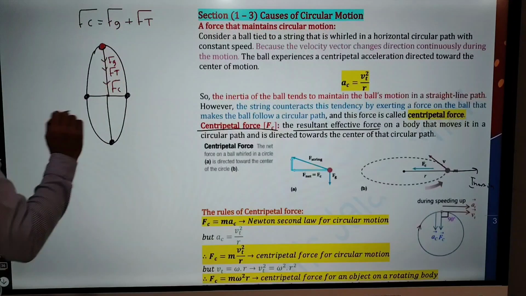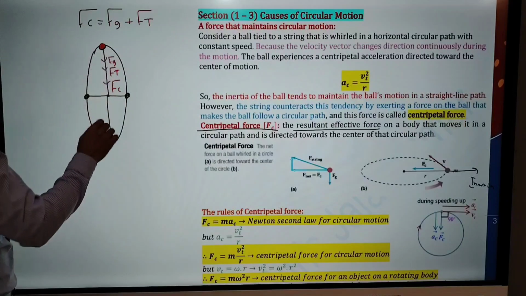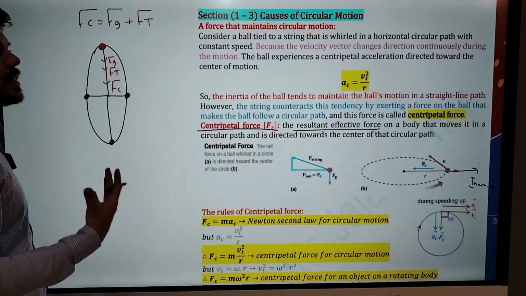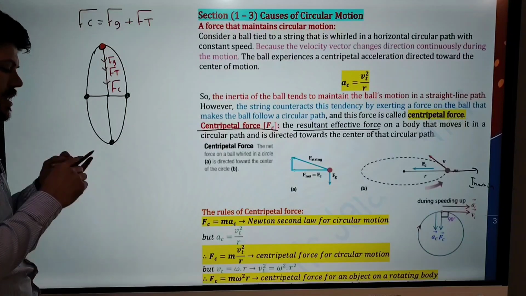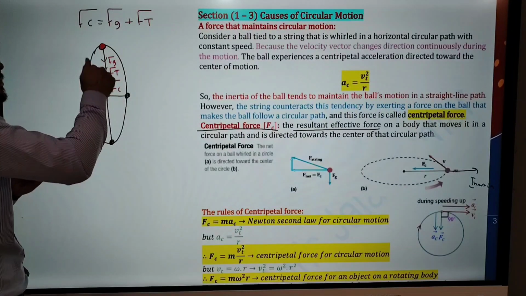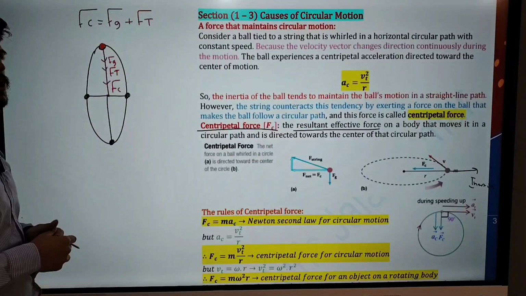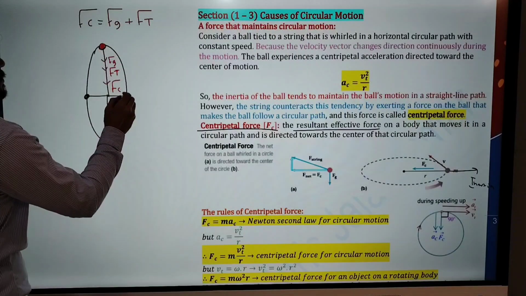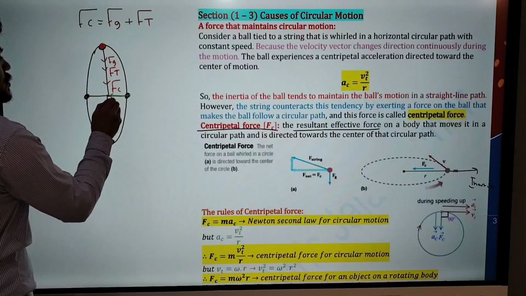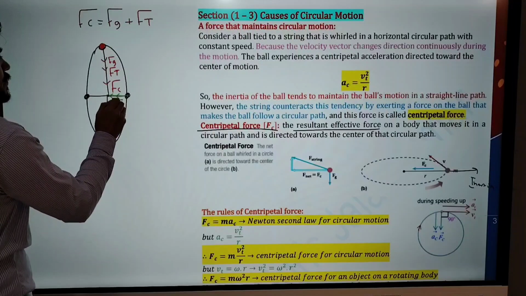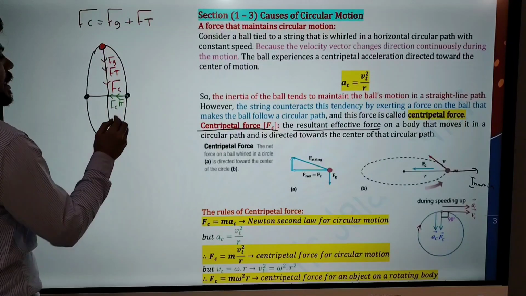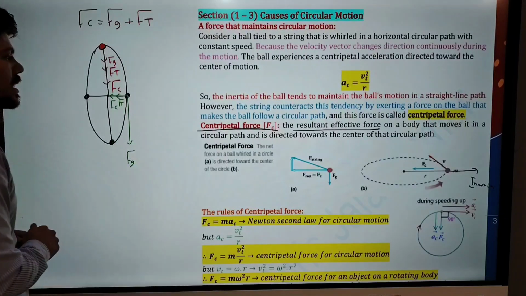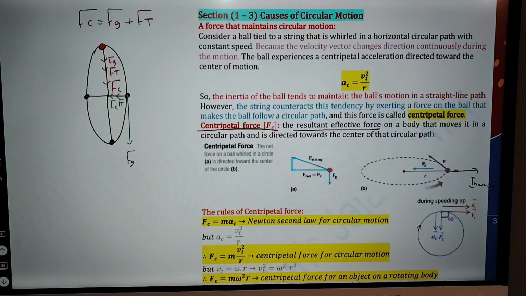How many forces provide the centripetal force? Two forces. The forces that provide the centripetal force should be in the same direction as the centripetal force, or opposite to it, not perpendicular. But if you look at this point, where is the centripetal force? Toward the center. What about the tension force? Also toward the center. But the gravitational force, in that case, is perpendicular to the centripetal force.